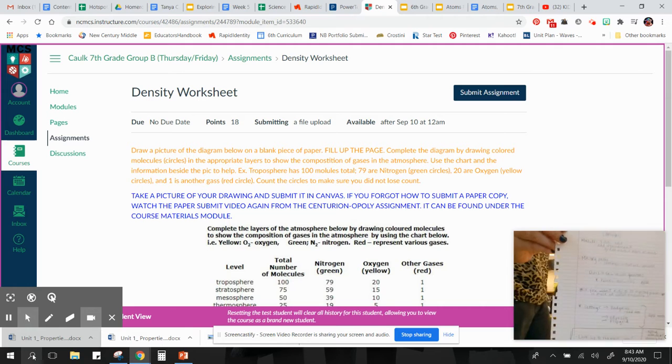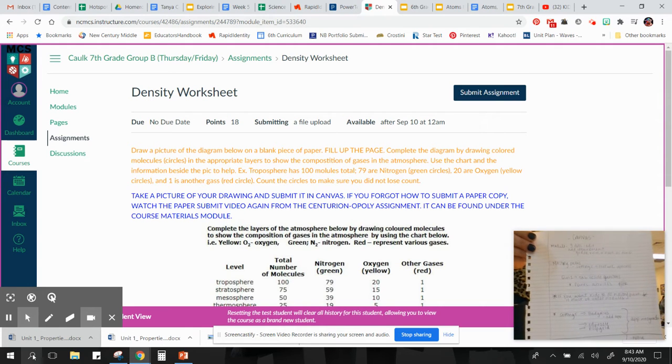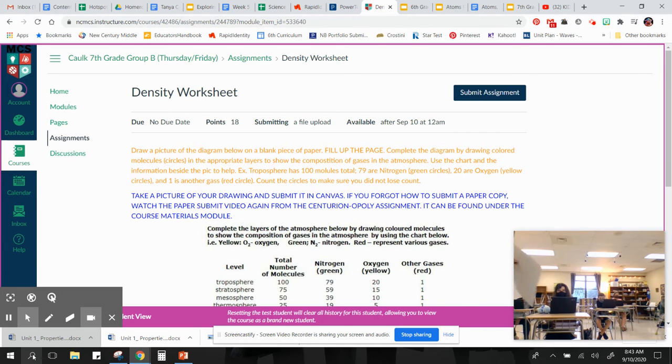Make sure that you can see it clearly. That looks kind of blurry to me, don't you think? Does that look kind of blurry to you? Okay, so you might have to turn it sideways, but make sure that you get it all in there and it's clear. And then once you take a good picture, check the picture to make sure it's good. You might need to edit it and flip it sideways, okay?